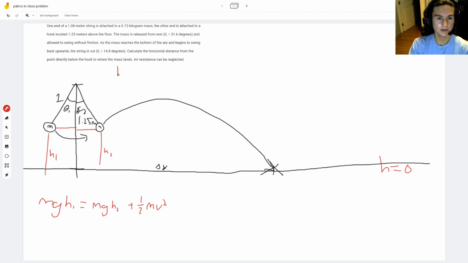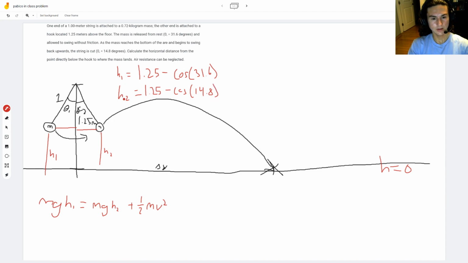So we can say height 1 is equal to 1.25 minus cosine of angle 1, which is said to be 36 degrees, or 31.6. And then height 2 is equal to 1.25 minus cosine, again, of 14.8 because it's angle 2. So now that we have height 1 and height 2, we're going to shove it in the equation and solve for the velocity.